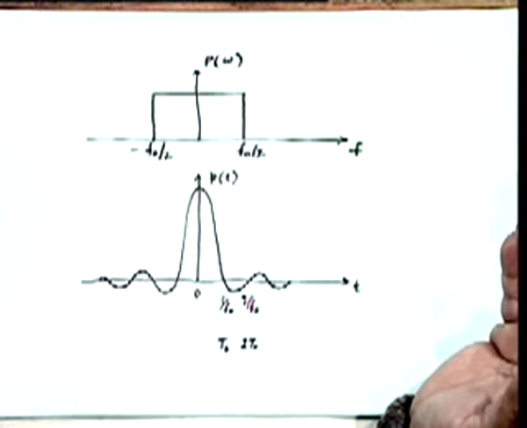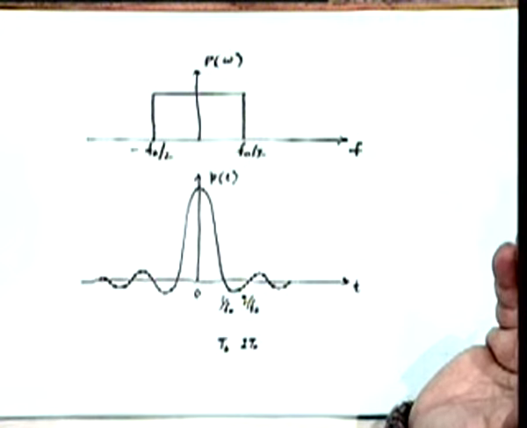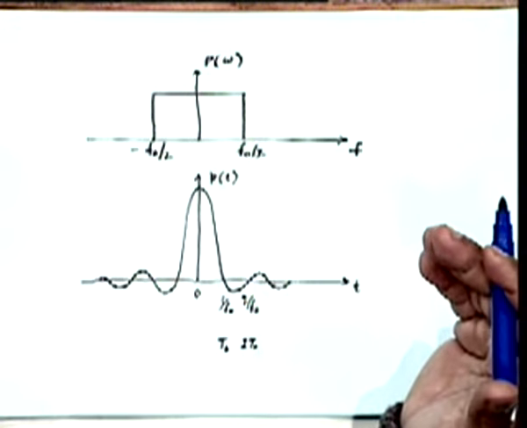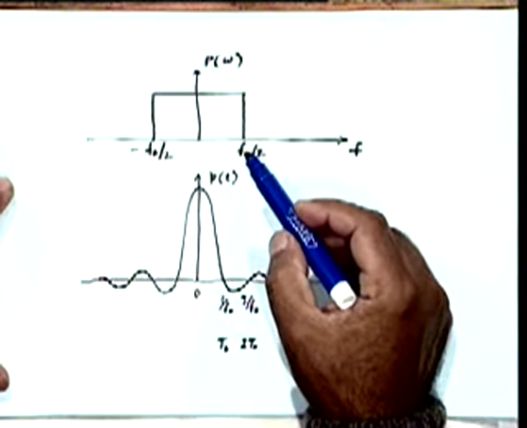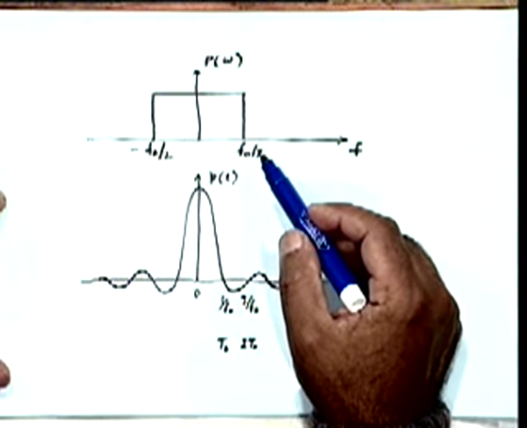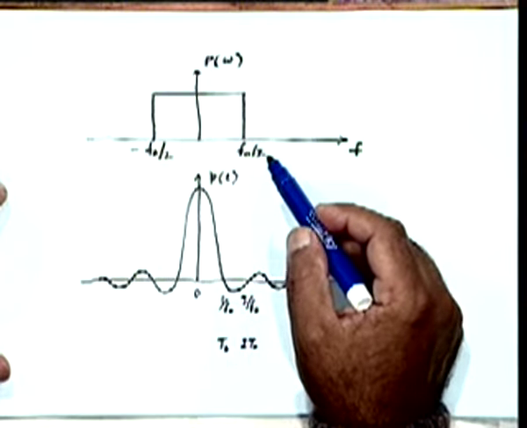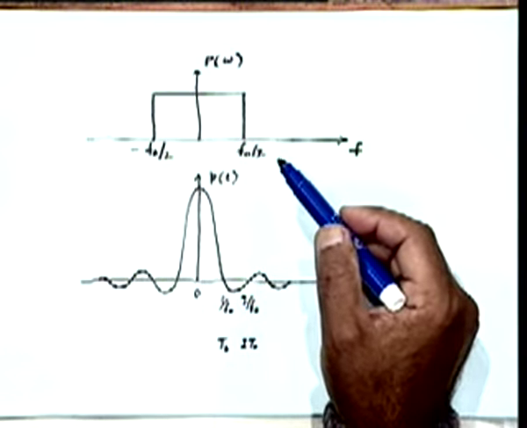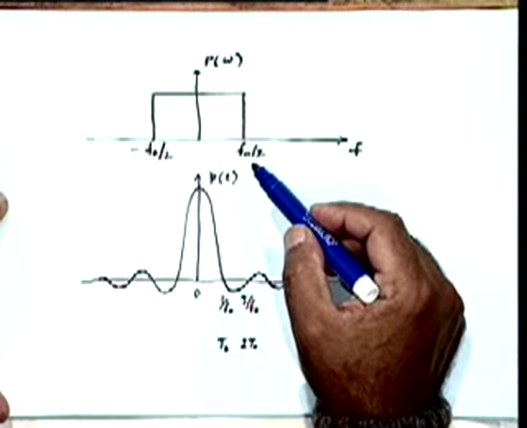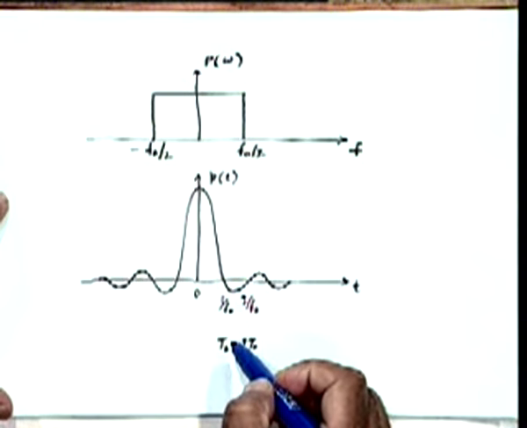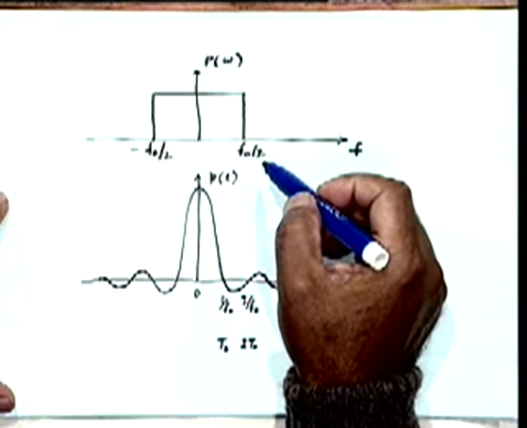And we already have one answer as to a band limited pulse which will have this property, namely the sync pulse. Not only will it have this property, it has a very small required bandwidth. Since it is the smallest bandwidth pulse which will have this property, we say that the minimum bandwidth required to transmit data at the rate of f0 is f0 by 2.